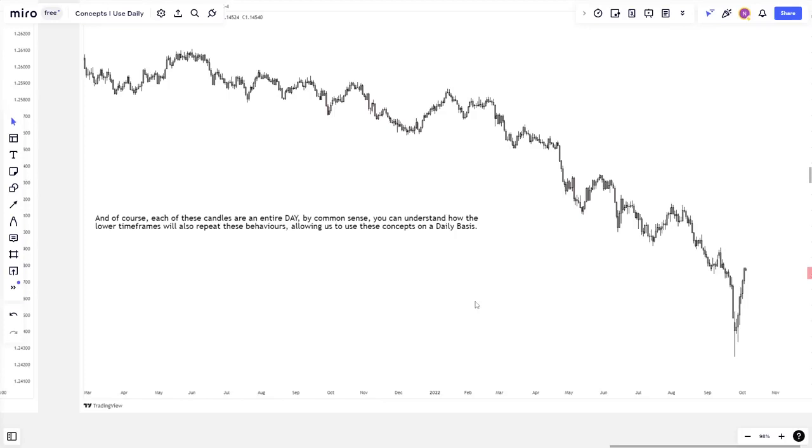And as I mentioned at the beginning, everything depends on context. We're not going to be selling every time a high is taken. We're not going to be buying every time a low is taken, because that doesn't make sense.